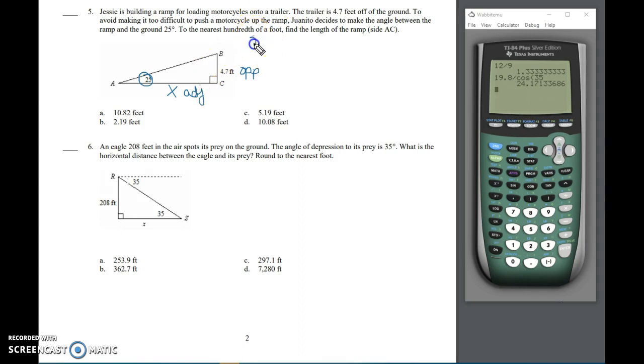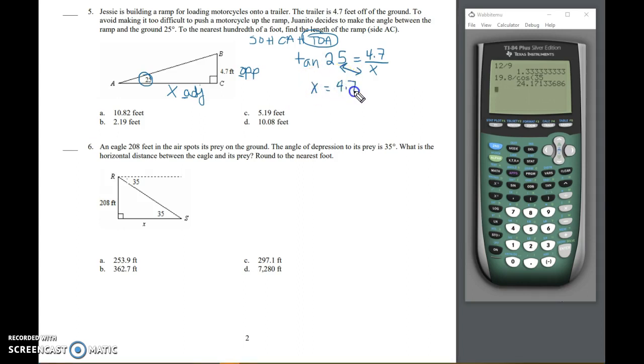So based on SOHCAHTOA, opposite and adjacent. So I'm going to look at my sides and see which one uses opposite and adjacent, and that's going to be the tangent function. So I'm going to set up tangent of 25 degrees equals opposite 4.7 over adjacent x. And just like the problem before, since x is in the bottom, I'm going to switch places. That's what happens when I cross multiply and divide.